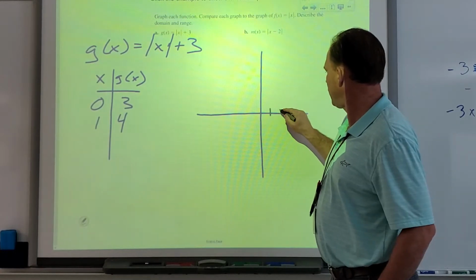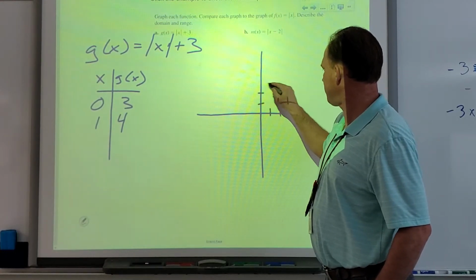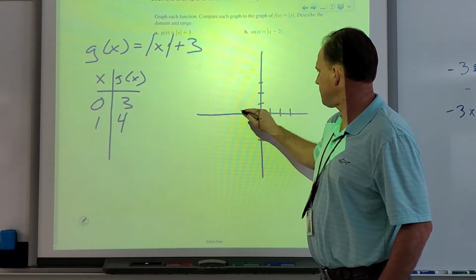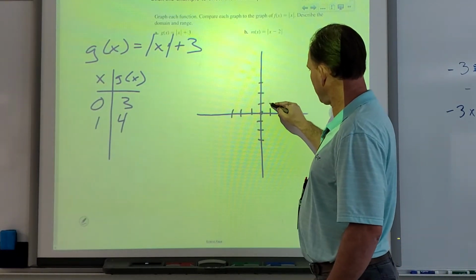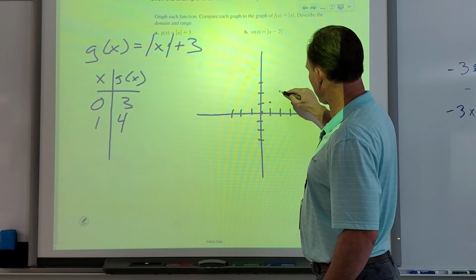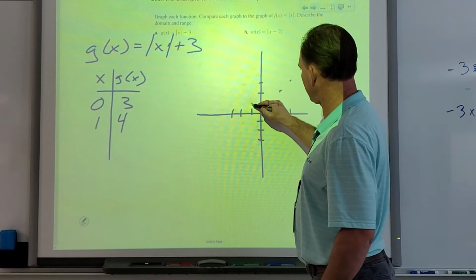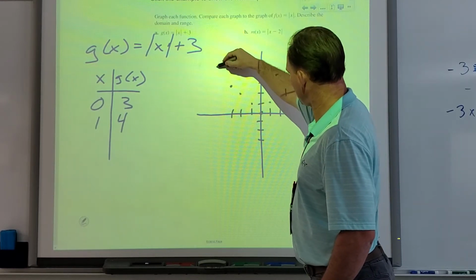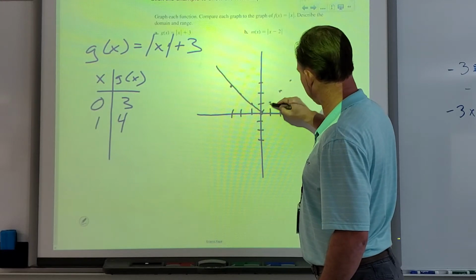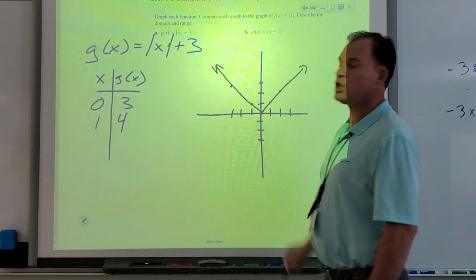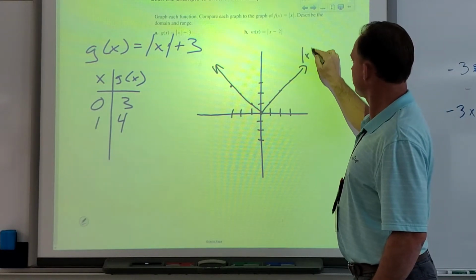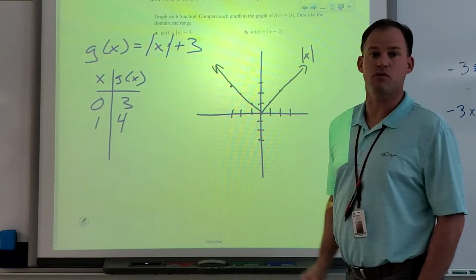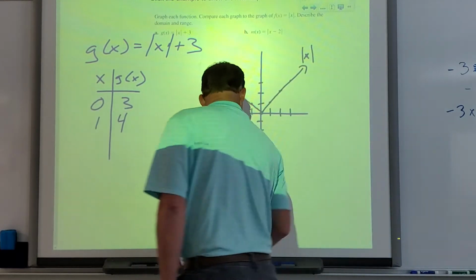I want to graph the original function first. Up 1, right 1, up 1, right 1, up 1, right 1. So the original function looks like that. That is plain absolute value of x.